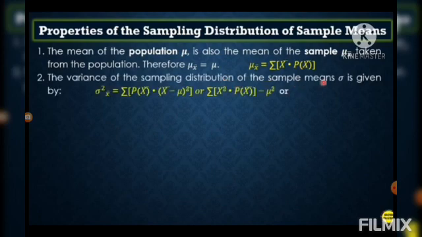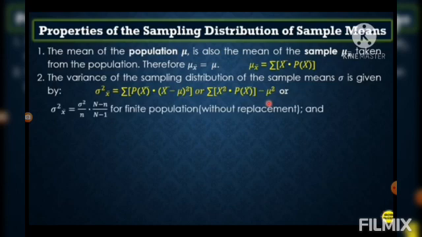And this is the property of sample means. The variance of the sampling distribution of sample means is given by σ²_x̄, which equals σ²/n times (N−n)/(N−1) for a finite population without replacement.